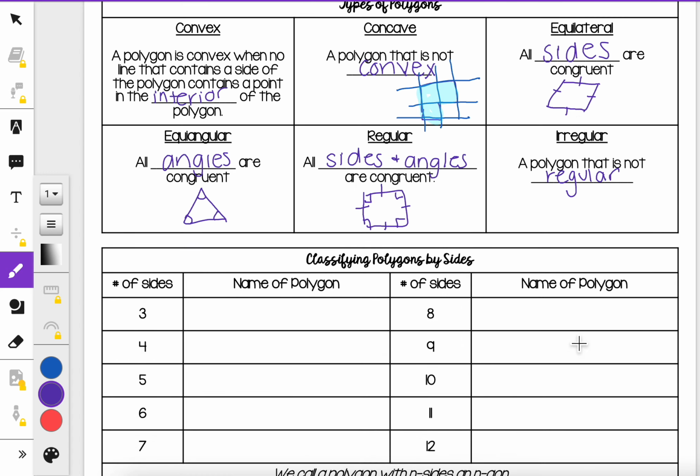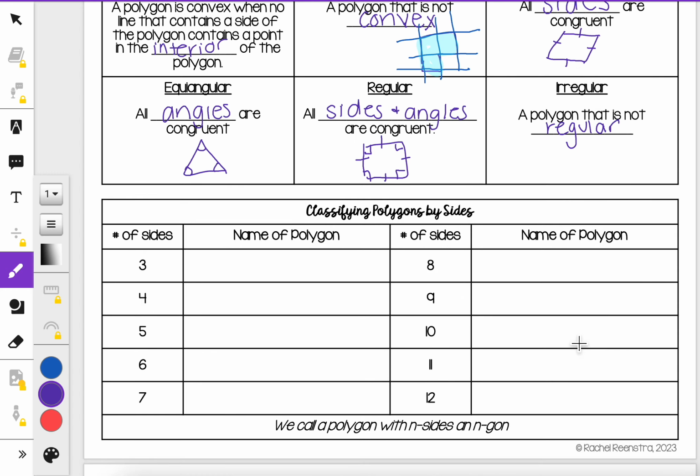And then the other way that we can classify polygons is typically how we name them, which is by their sides, the number of sides that they have. So a polygon with 3 sides is called a triangle.